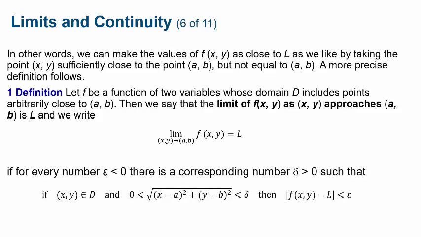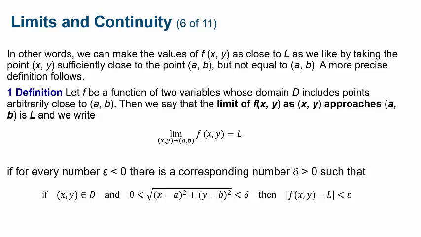In other words, we can make the values of f of x, y as close to L as we like by taking the point x, y sufficiently close to the point a, b but not equal to a, b. A more precise definition follows, and this is just the delta epsilon definition.